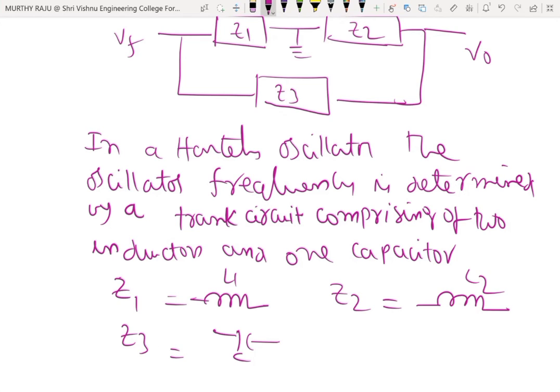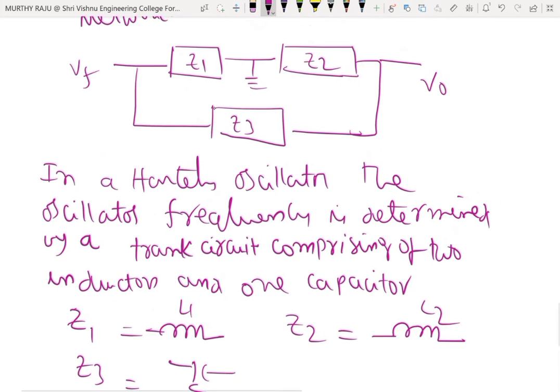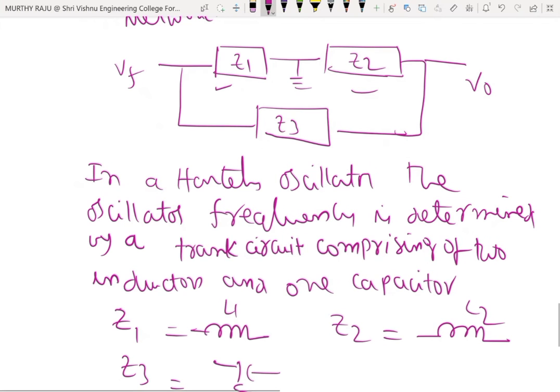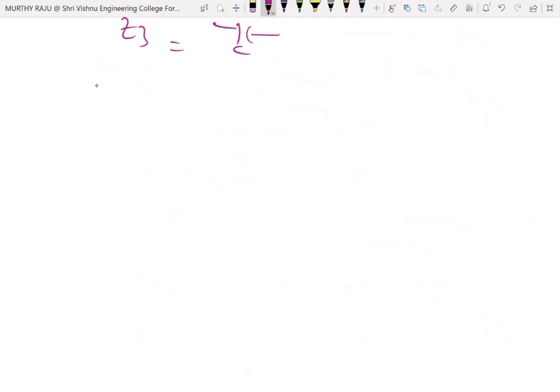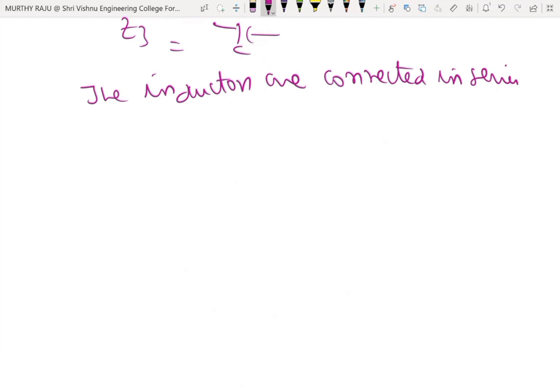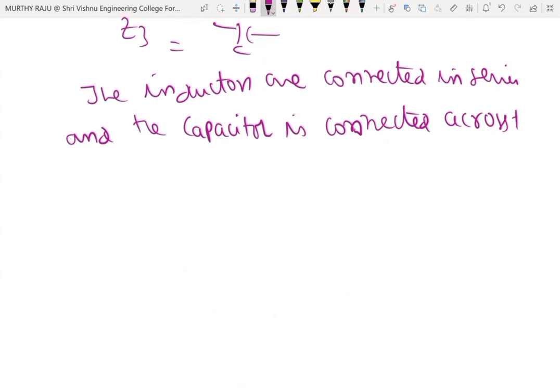These 2 inductors are connected in series, and the capacitor is connected across them in parallel.